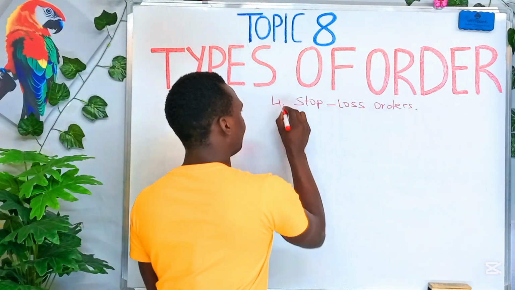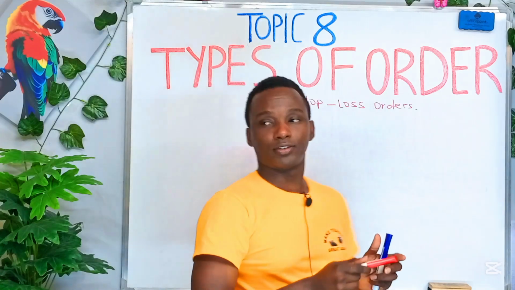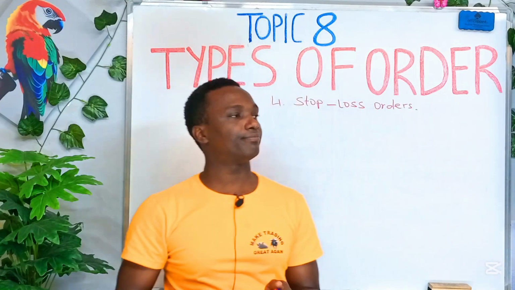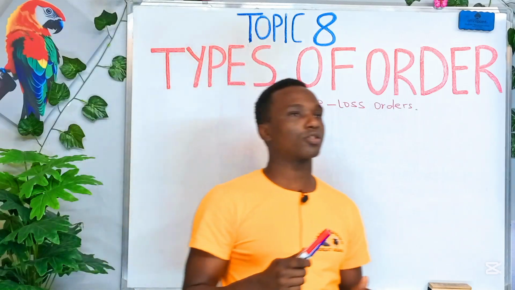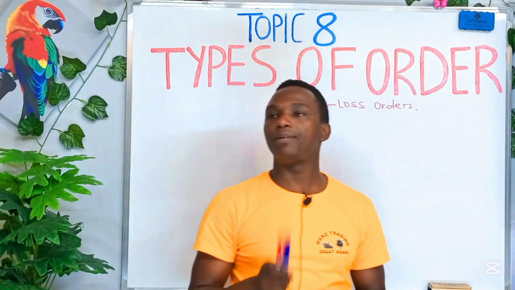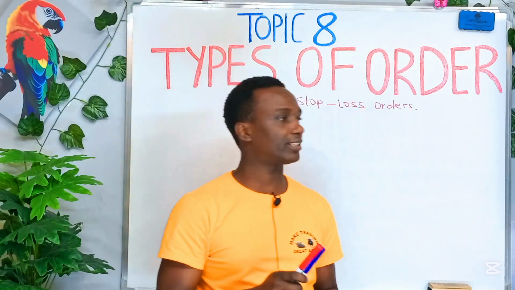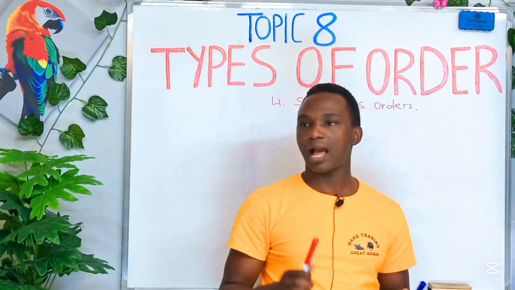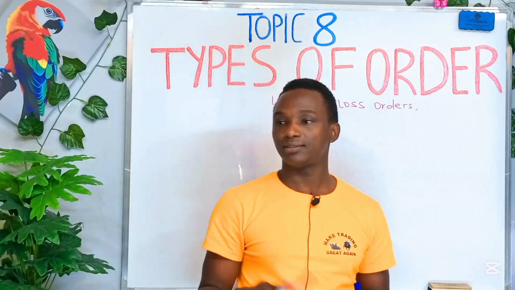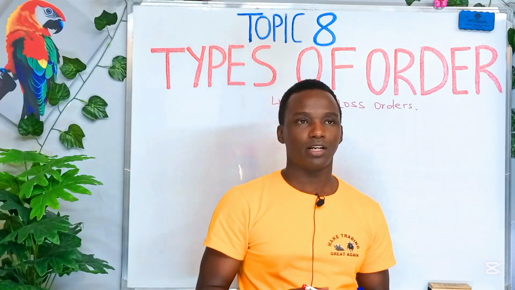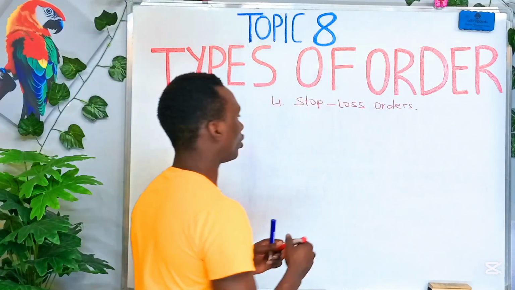This one is number 4, stop loss orders. How do we define them, or how do we use them? A stop loss order is used to limit potential losses by closing a position when the price moves against you. Basically, this is your safety net.